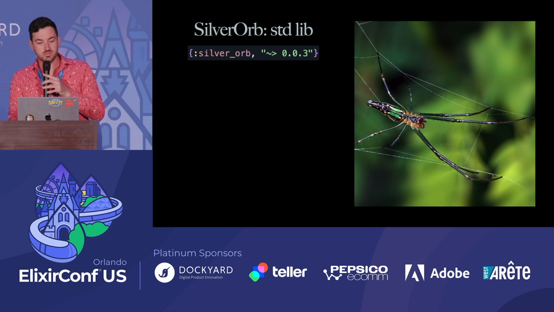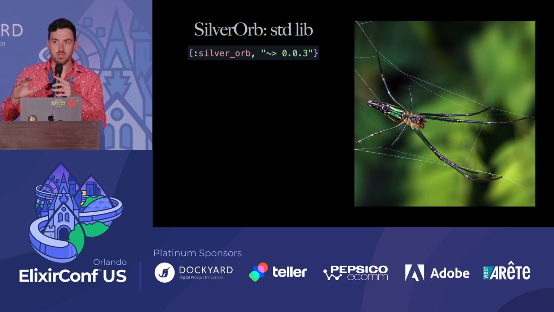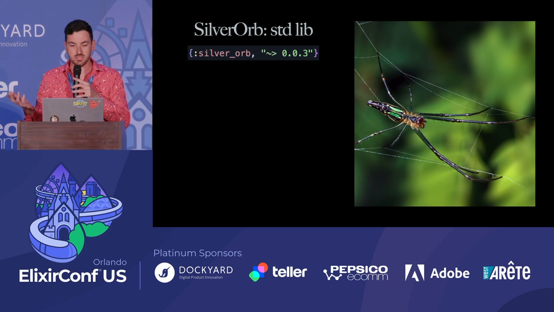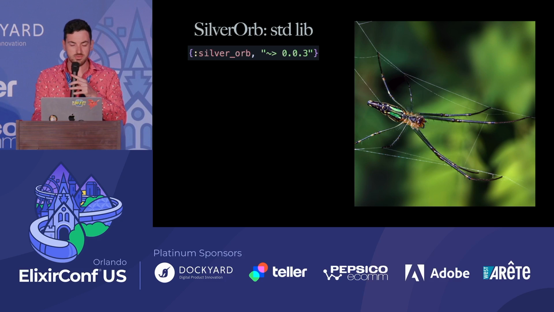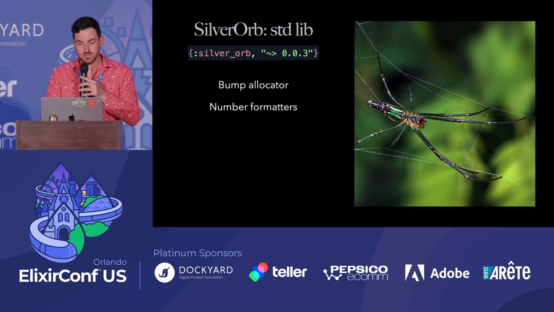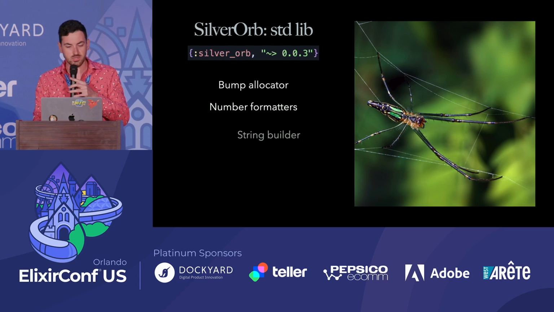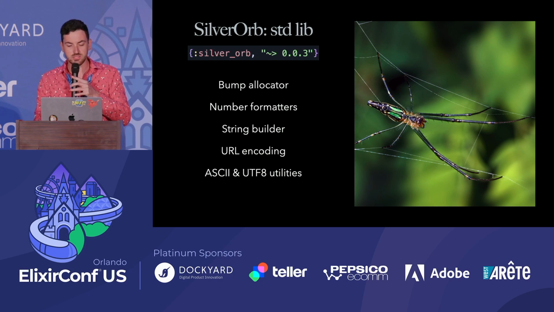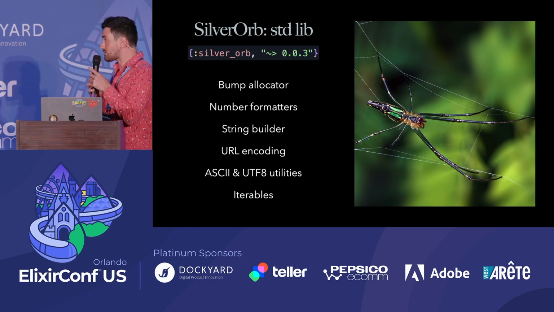That leads to this thing that I'm also working on. Orb is going to be low level, exposing just the bare bones functionality, but this stuff is composable. So I've got this idea of a standard library for common things you might want to use: bump allocator, formatting numbers, string building, URL encoding, string utilities, maybe iterables.